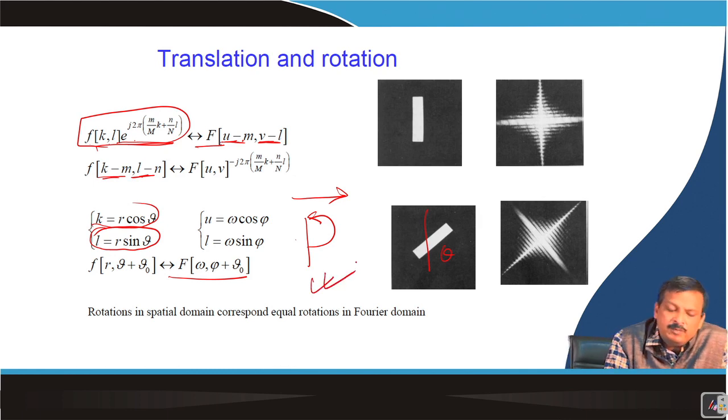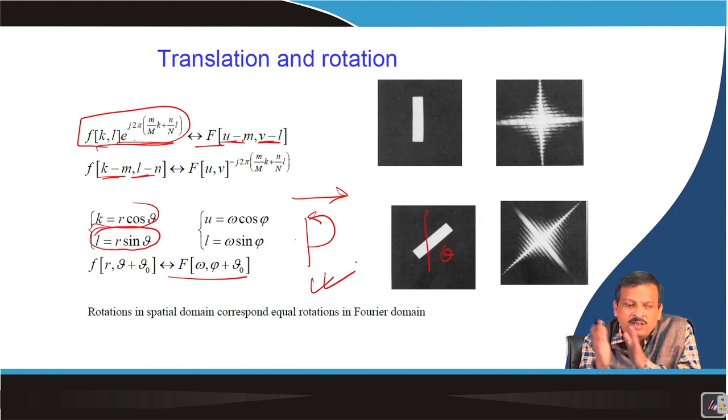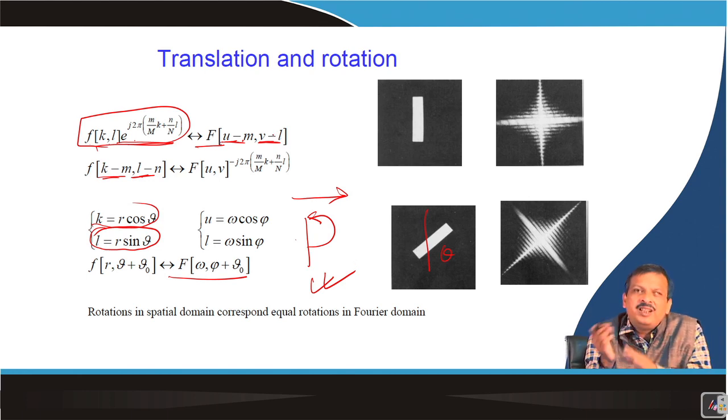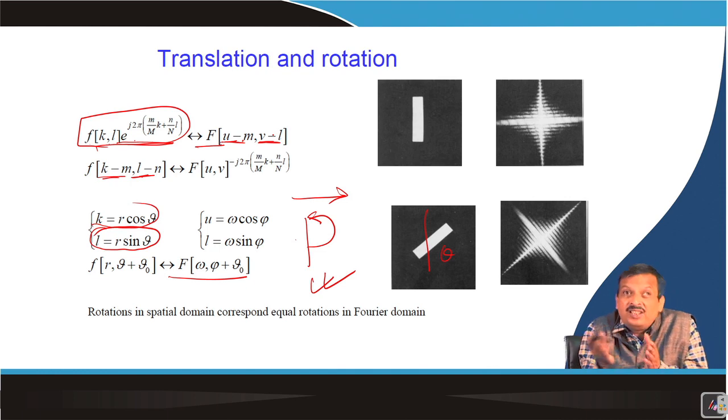So, if I shift, a time shift, this is translation, and I can rotate it also. If the shift is theta, because it is in the spatial domain, rotation is also possible. So, I can rotate or I can translate, both are possible. Okay.